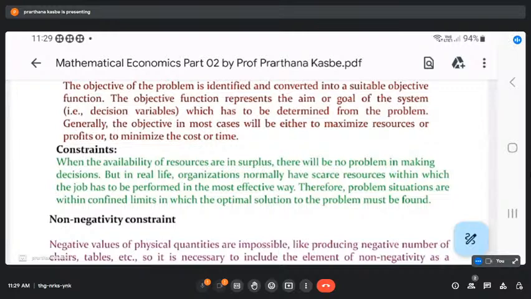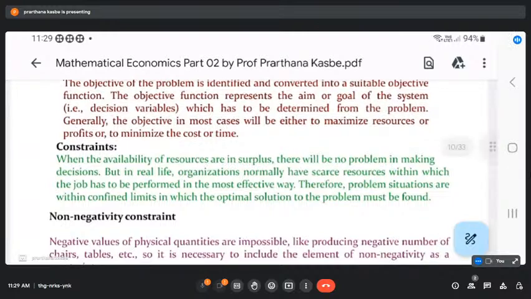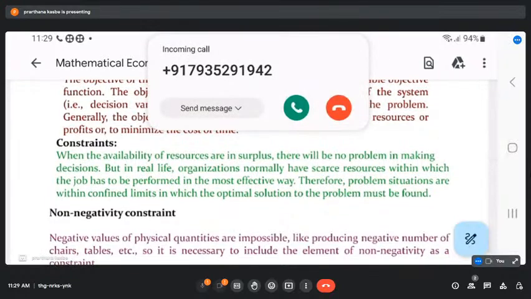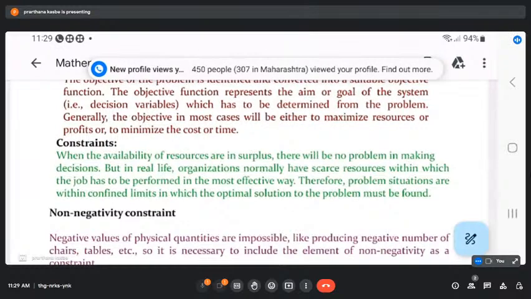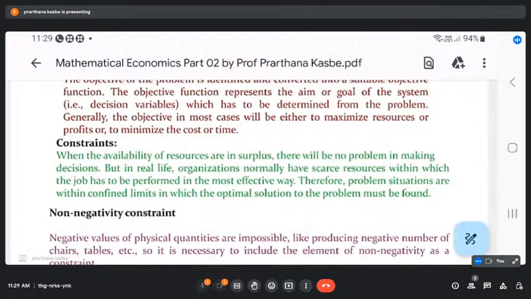Generally, the objective in most cases will either be to maximize resources or profit, or to minimize the cost or time.